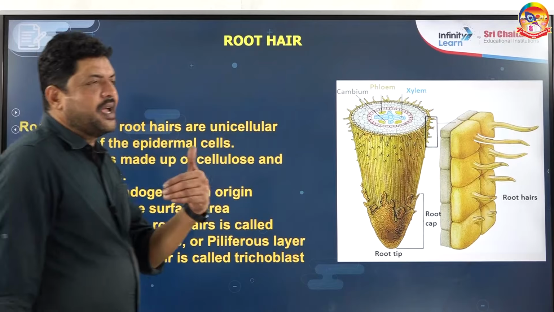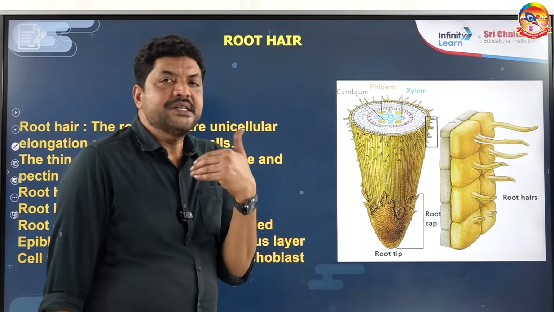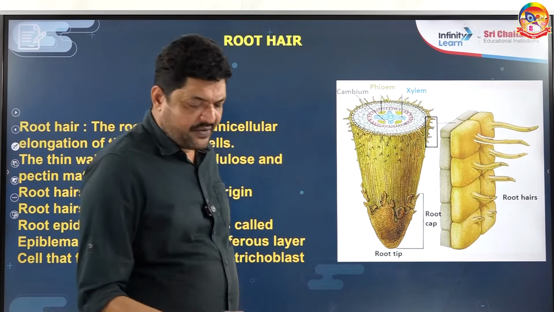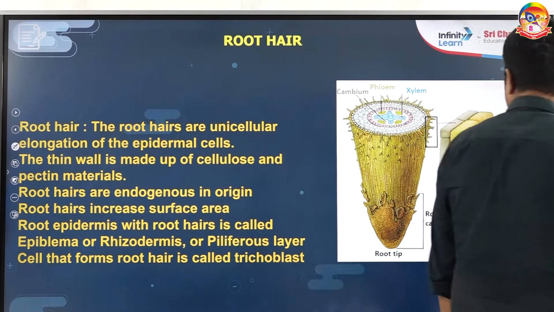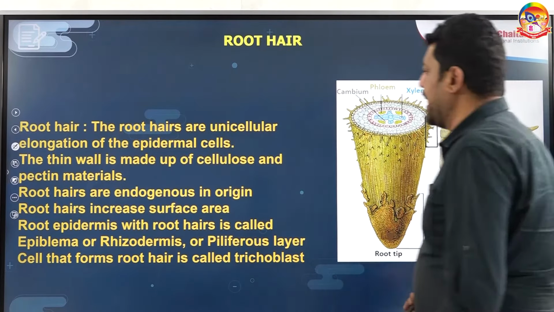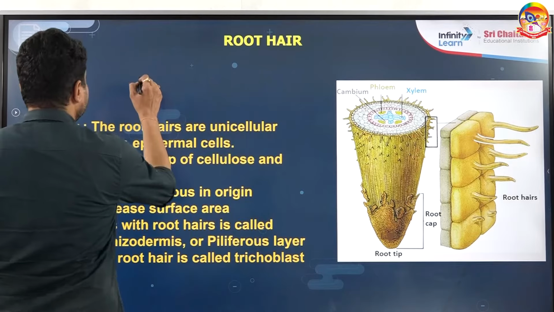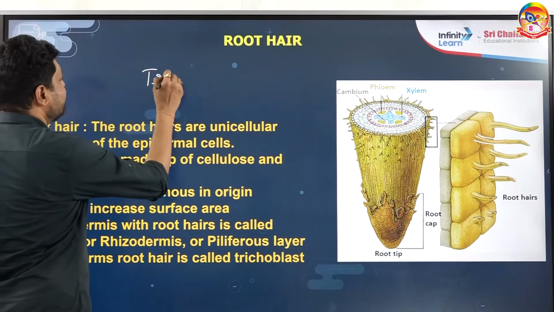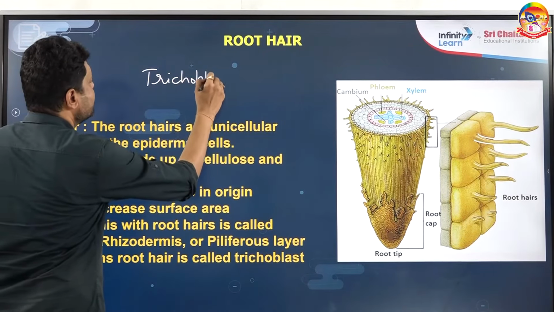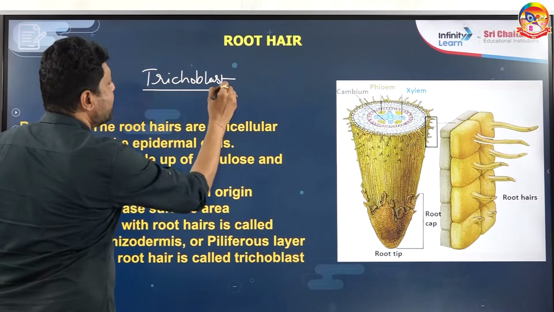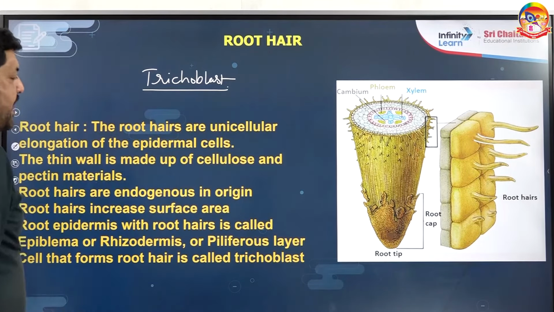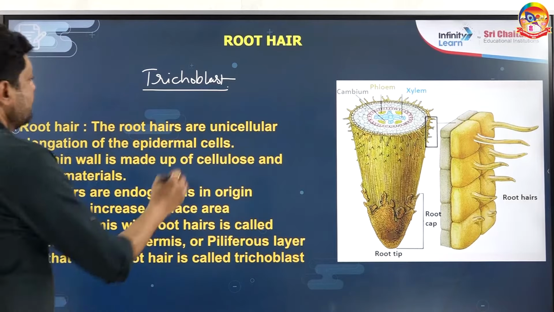This epiblema increases surface area for absorption of water, and this is all about the root hair. And one more point out of NCERT: the cell that produces root hairs is called trichoblast.